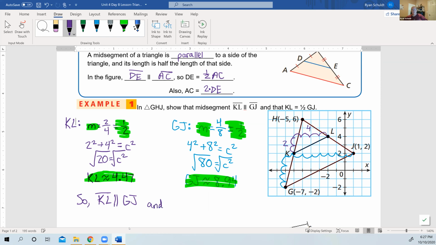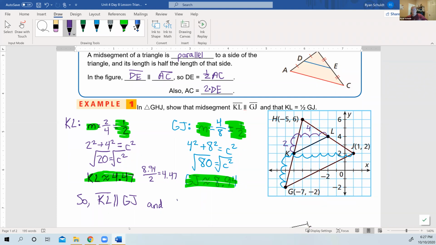And, well, let's see. What happens if I do 8.94 divided by 2? What do I get? 4.47.